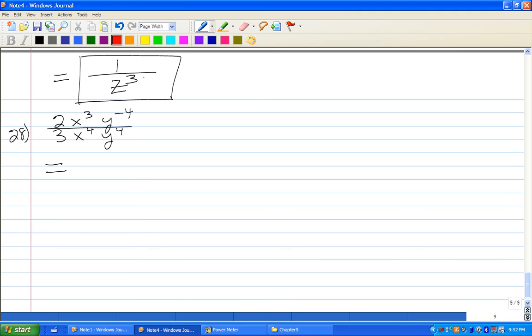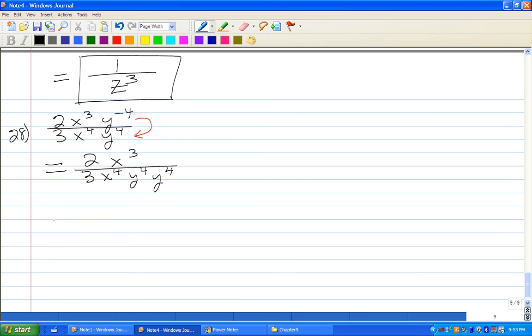First, let me bring the quantity with a negative exponent and interchange it between numerator and denominator. Well, there's only one, so I'll keep the 2x cubed in the numerator, the 3x to the 4th, y to the 4th in the denominator, and I'll bring the y to the 4 from the numerator to the denominator. When I bring it from the numerator to the denominator, I'll change this negative 4 to a positive 4.